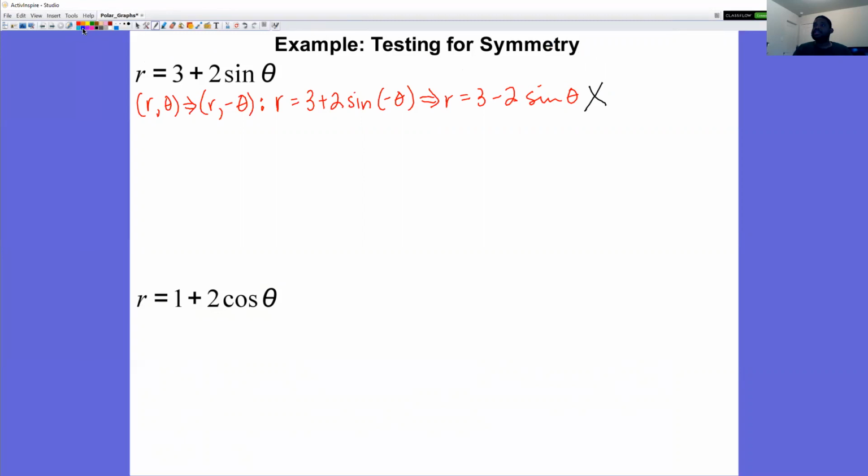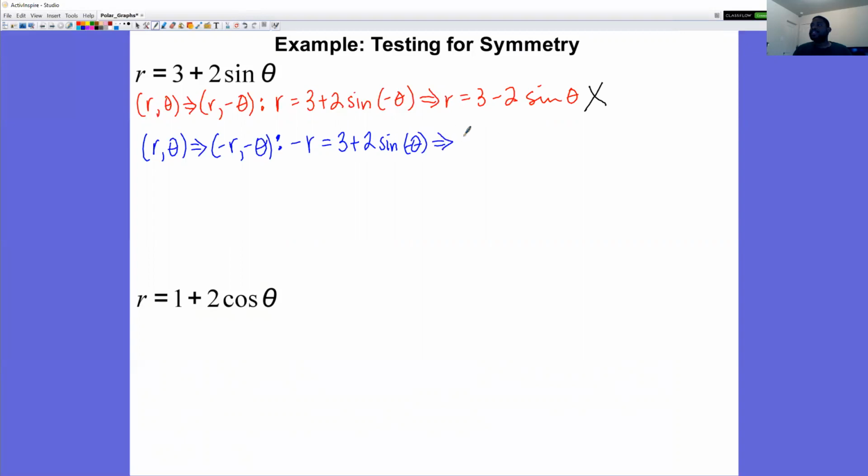Maybe it's symmetric with respect to the line theta equals pi over 2. Let's try that. So here I'm going to change both r and theta to negative r, negative theta and simplify. So I get negative r equals 3 plus 2 sine of negative theta.